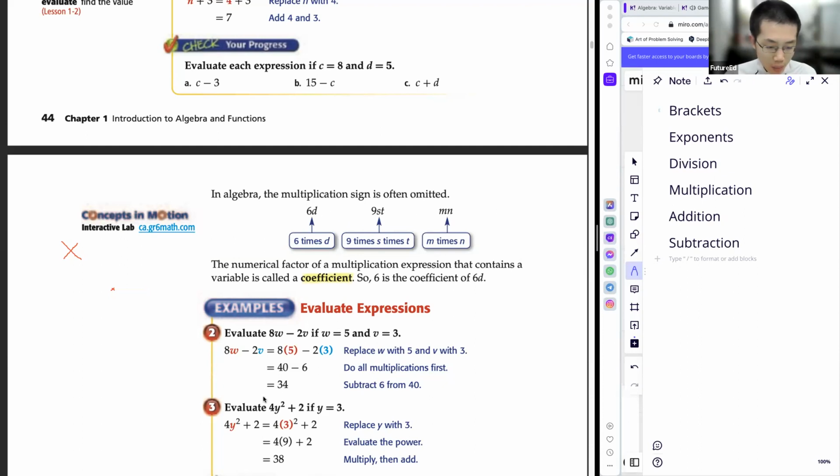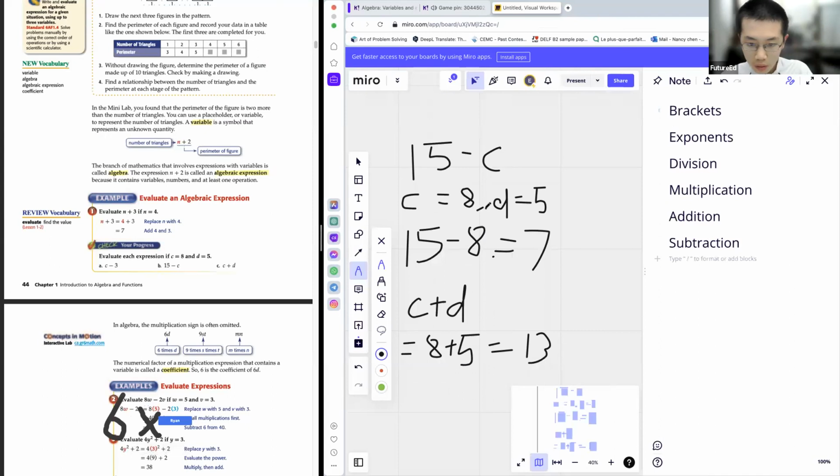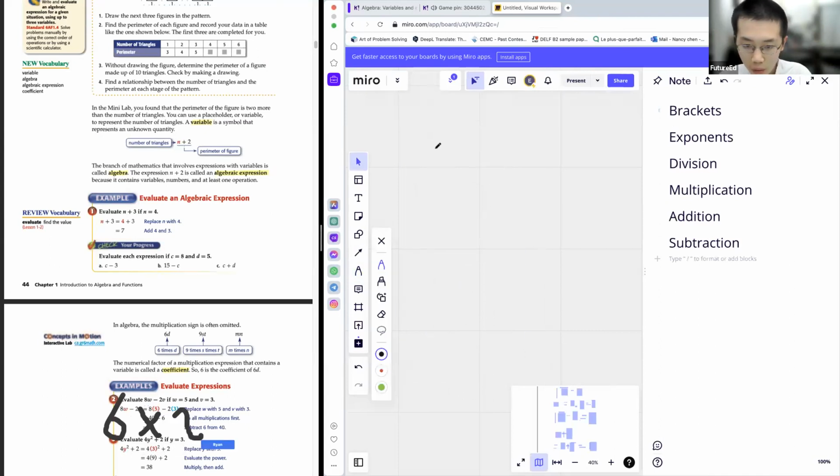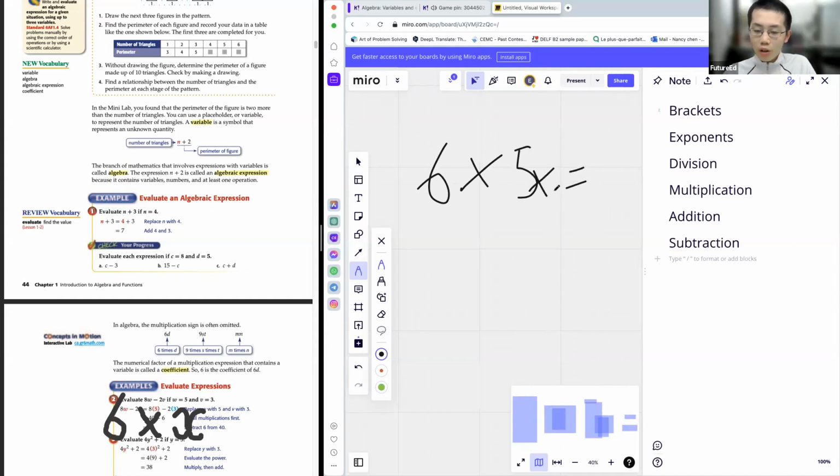So if I write something like 6x 5x equals something, you have no idea what I'm putting here. You might be like, what's the x? Is this an x? Is that an x?